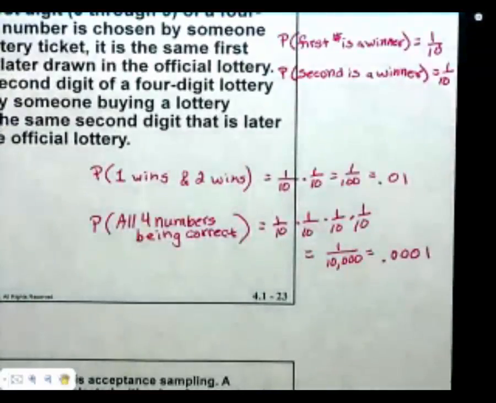There would have had to have been 10,000 people go in on a ticket for any of them to have a realistic chance of winning.